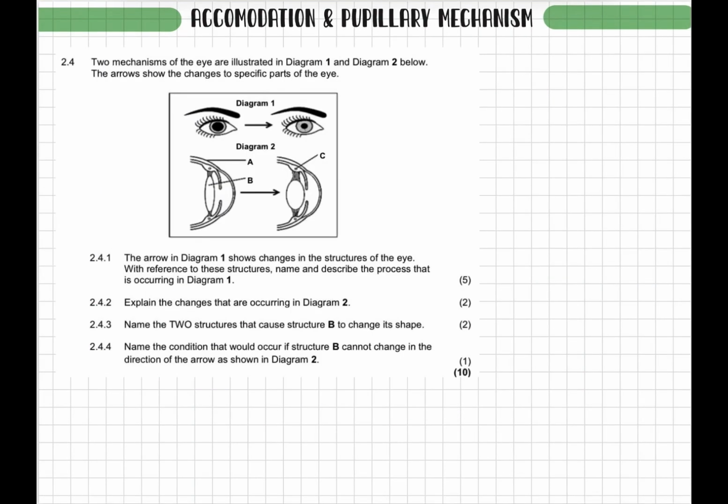Now we move on to the next exam question. It says 2 mechanisms of the eye are illustrated in diagram 1 and diagram 2. This is the question we're coming back to for diagram 1. We're expected to name and describe the process that occurs in diagram 1. We can see here we have the front view of the eye, and that is pupillary mechanism.